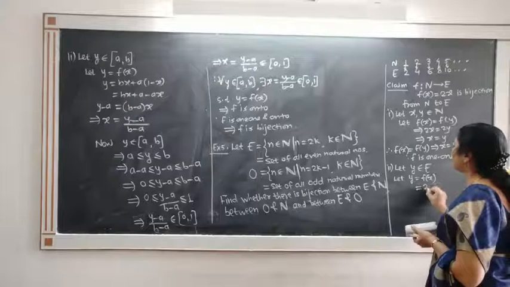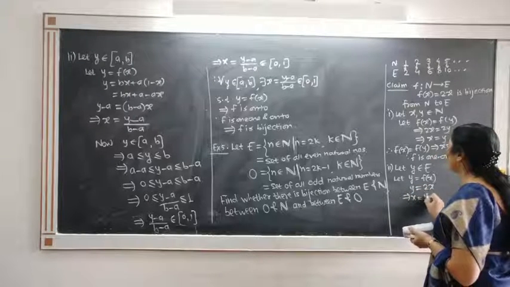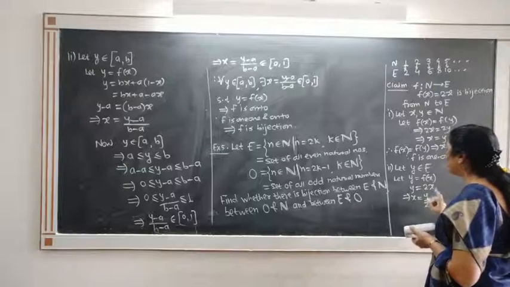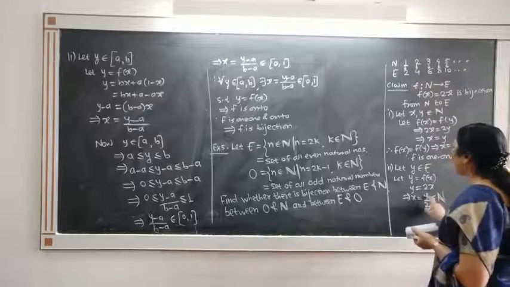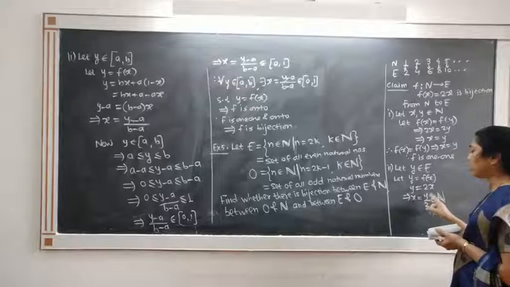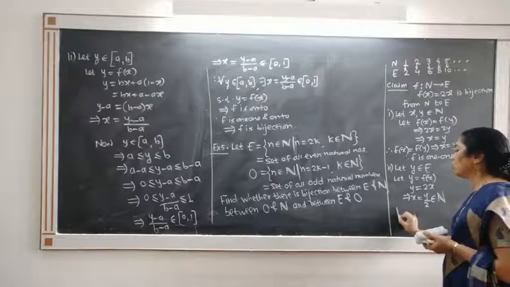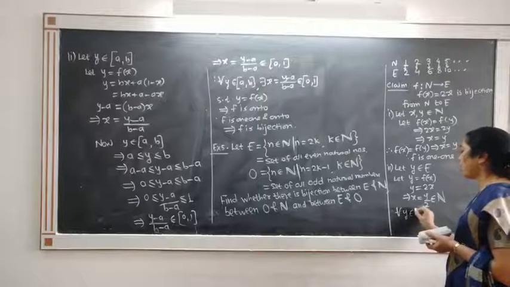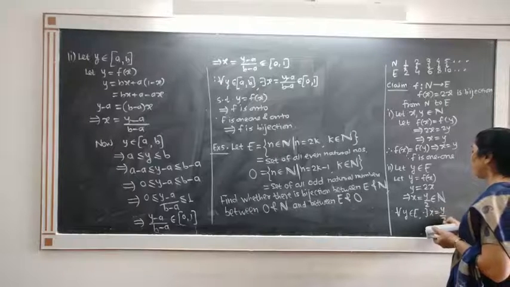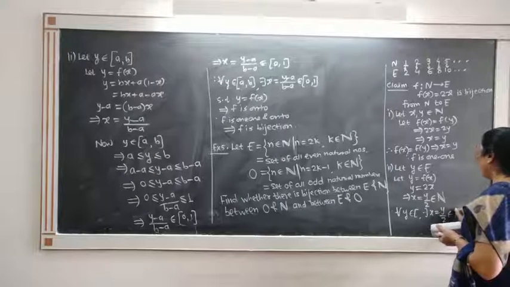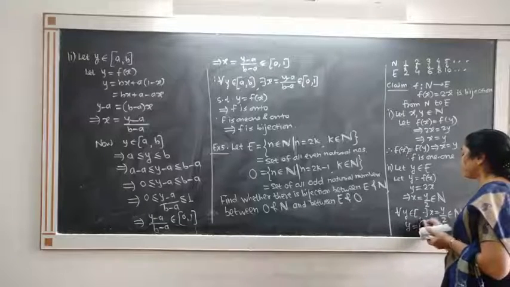y is equal to f(x) means y is equal to 2x. So this implies x is equal to y by 2, and this should belong to the natural numbers. Obviously y is even natural, so even natural by 2 is again a natural number. So for every y belonging to E, there exists x is equal to y by 2 in domain N such that y is equal to f(x).